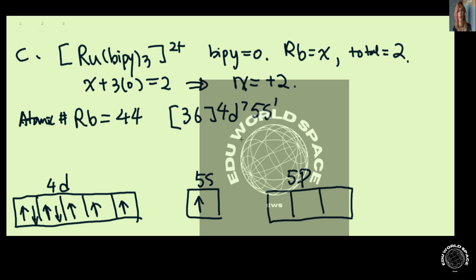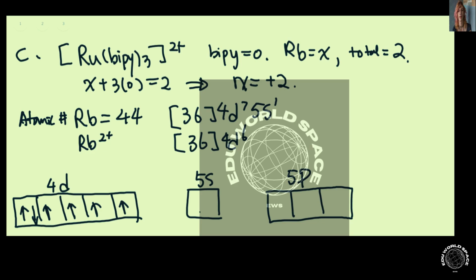Since the oxidation state of rubidium in a complex is positive 2, after it loses 2 outermost electrons, it will leave the electron configuration as 4d6 and no electrons in 5s orbital. So this electron is removed and one of the paired up electrons is removed.